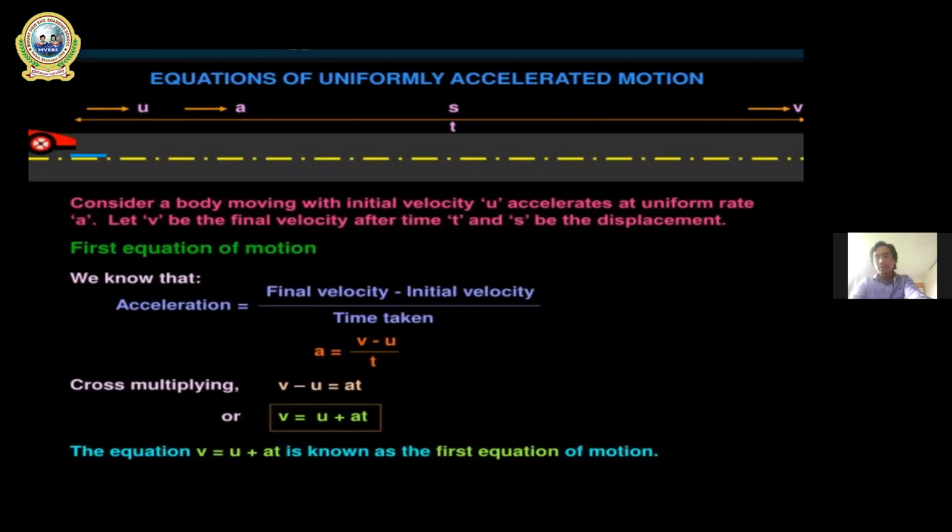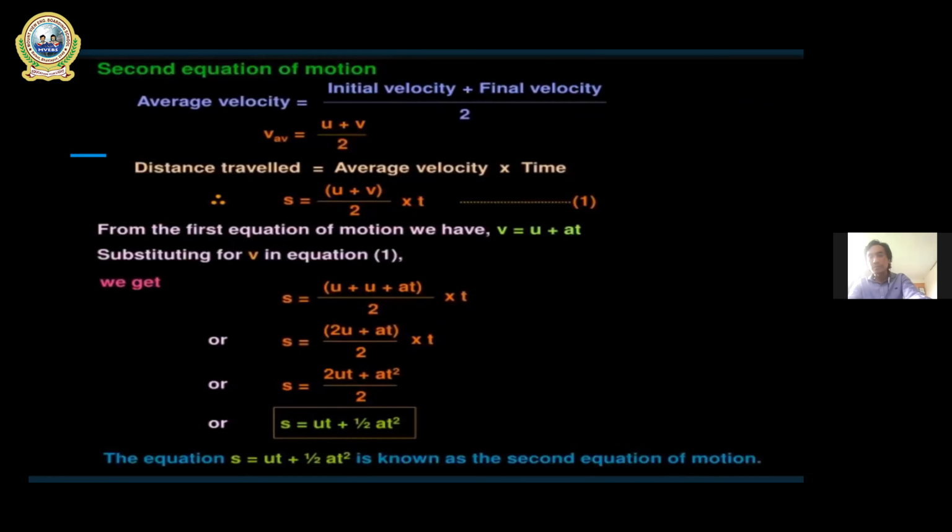Now class 9, please be ready for the second equation of motion, which we are going to prove: s equals ut plus half at square. If you are asked to prove this, please do not start directly from here.